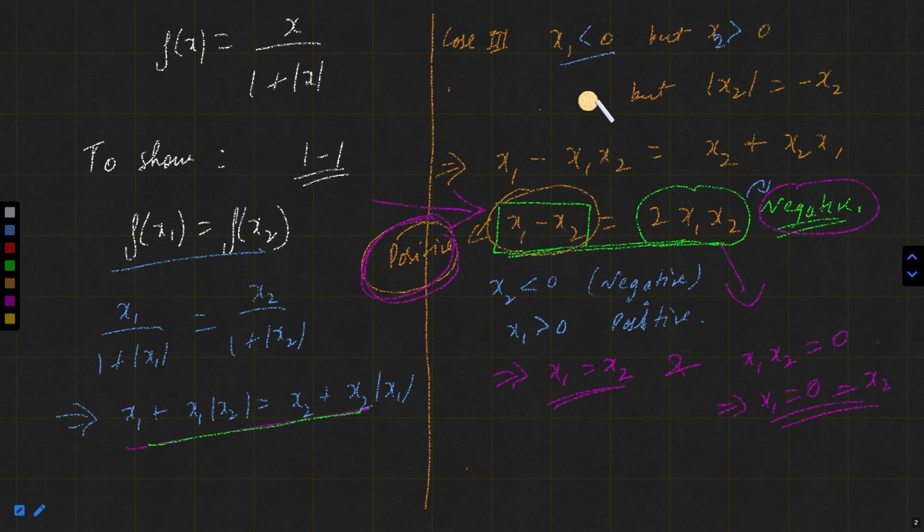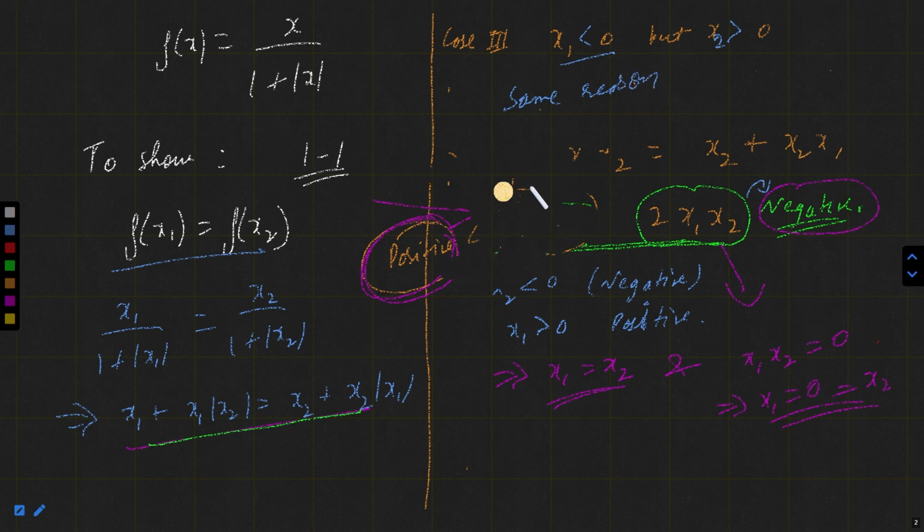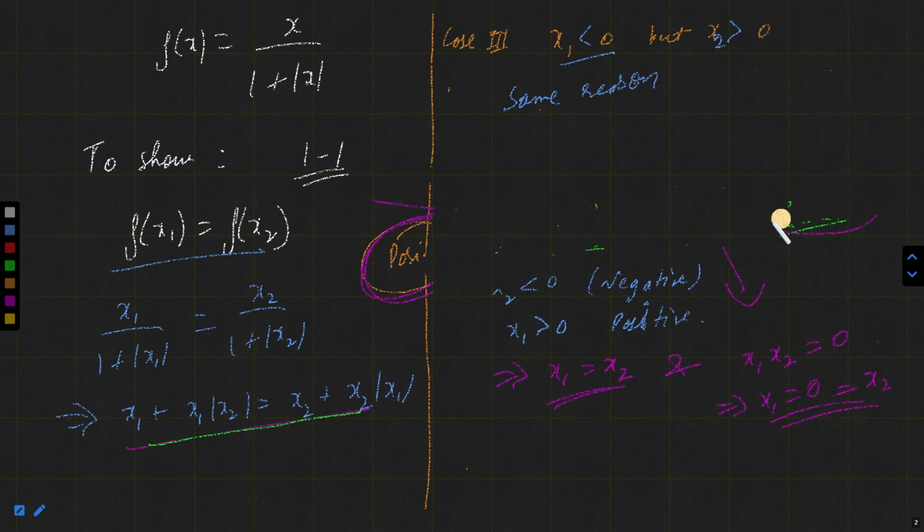Applying the same reasoning, we can say that x1 is equal to x2, and both will be equal to 0. But this cannot happen.